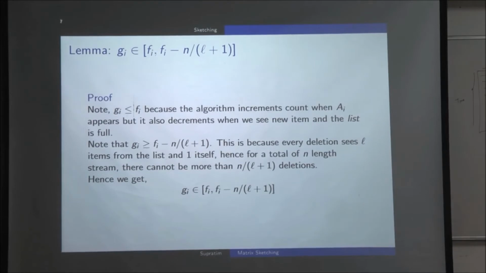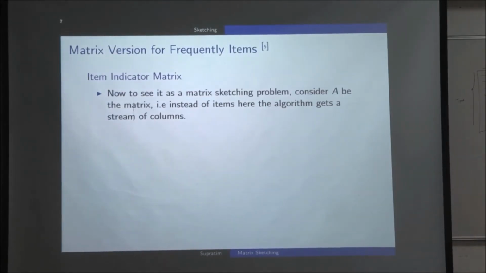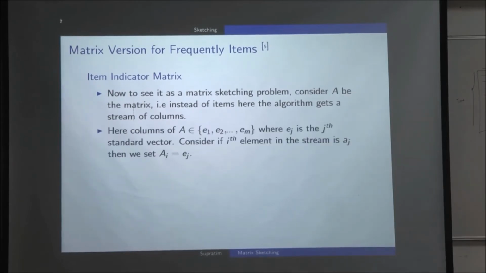Now we can also see this as a matrix version. The matrix version would be that instead of items, we are getting one column at a time, and the columns of this data stream come from the standard vectors E1 to Em.